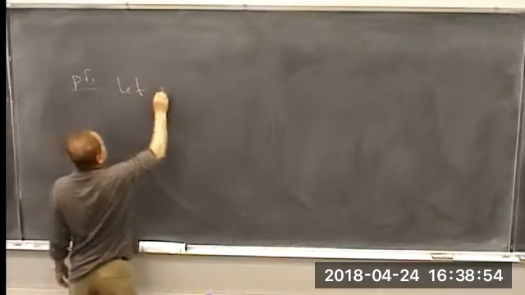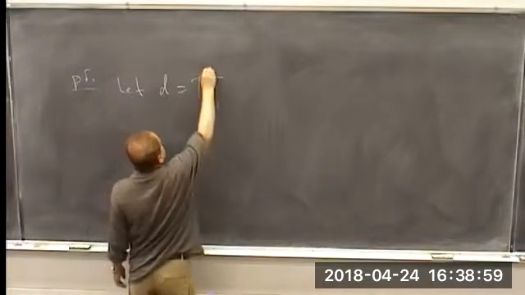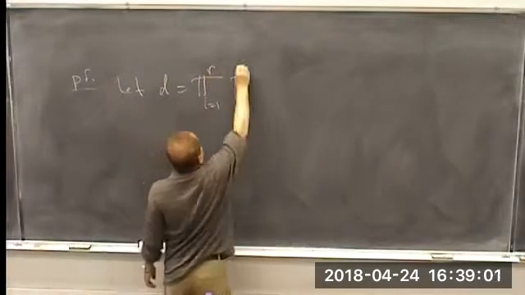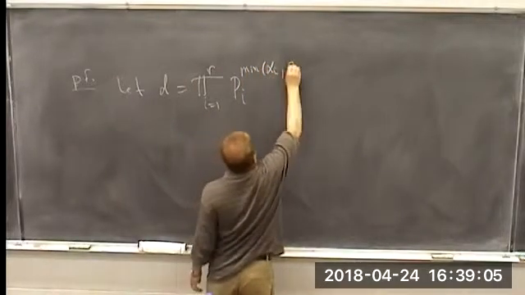We're going to let D equal the product for i equal 1 to r of p_i to the minimum of alpha_i, beta_i.